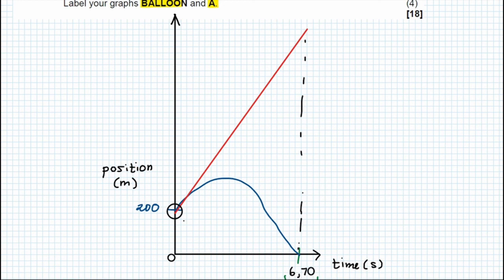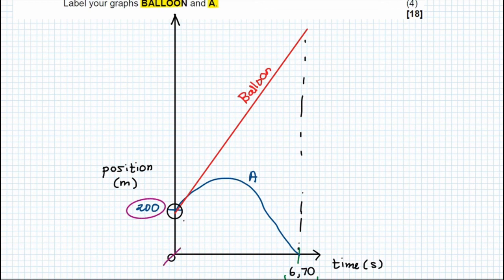You're of course not going to make markings like this on your graph, but it is very important that you label the graph. So you're going to say this is the balloon, and the graph that I've drawn in blue, that is stone A. They just said we need to call this A, so you're going to label that A. You're going to get your marks for the correct shape of the graph for stone A. Very important, stone A must start at 200 meters.